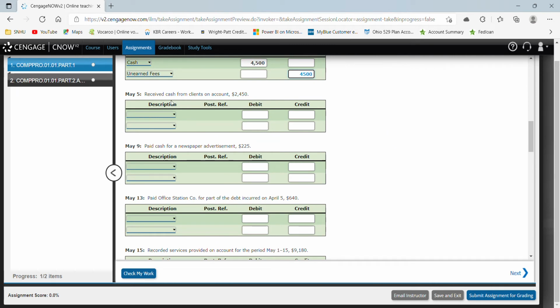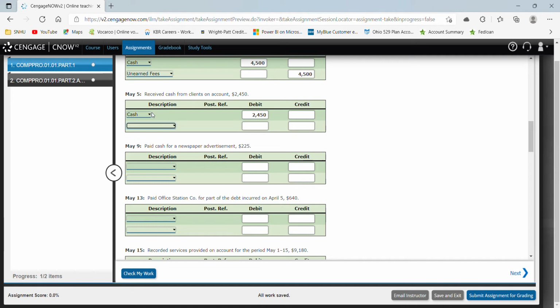And then May 5th, we received cash. So what's happening with cash? We're going to receive cash. We're going to debit it to increase cash, $2,450. And then let's see, it's an accounts receivable. We received cash from clients on account.